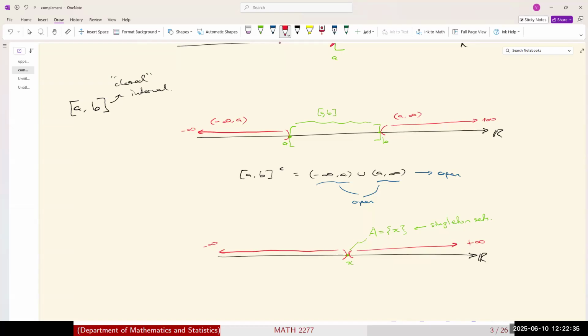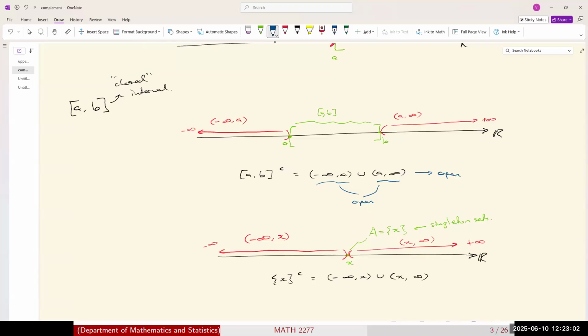So x will not be in its complement. So it's minus infinity up to x, and then you jump over x and go from x up to plus infinity. So the complement of this set is minus infinity up to x union x up to plus infinity.